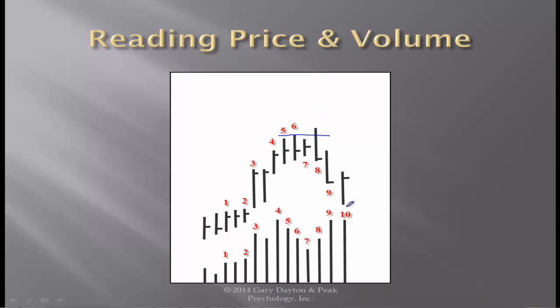Okay, and then on bar 10, we got a little oversold down here, and we see that we have an up bar, closing above the close of the previous. It's also closing on its highs, and it's also a widespread on high volume. So demand is trying to come back into the market, not surprisingly, because we saw demand or buying over here, and this is also a bit of support, or should be a bit of support.